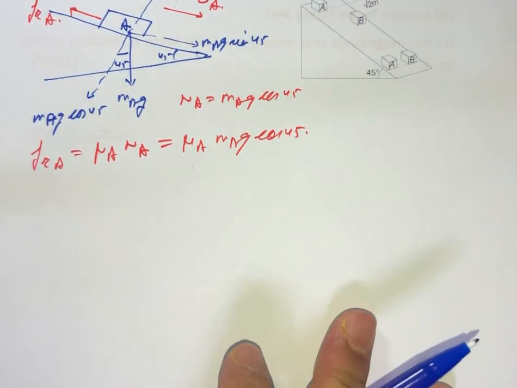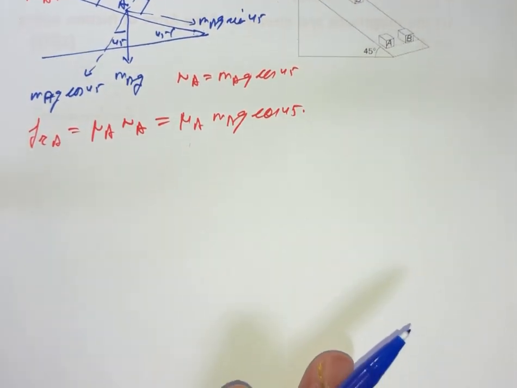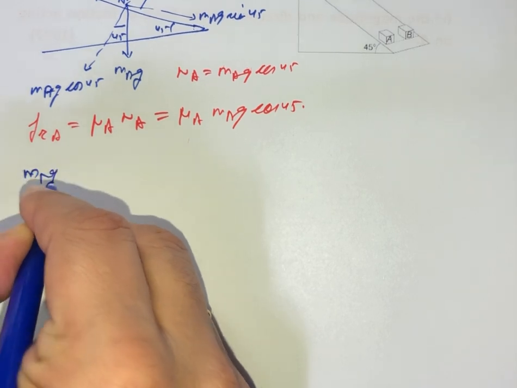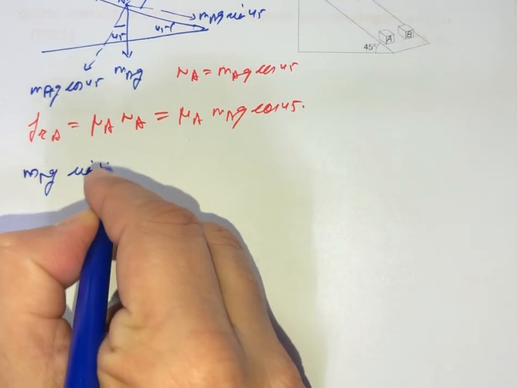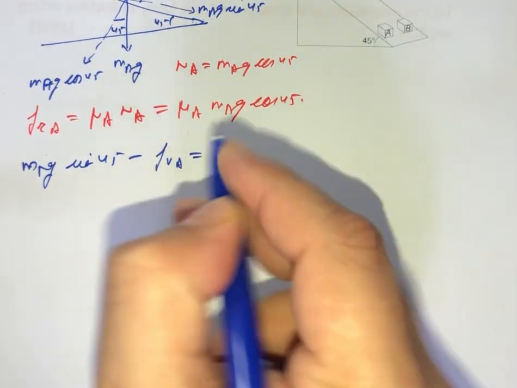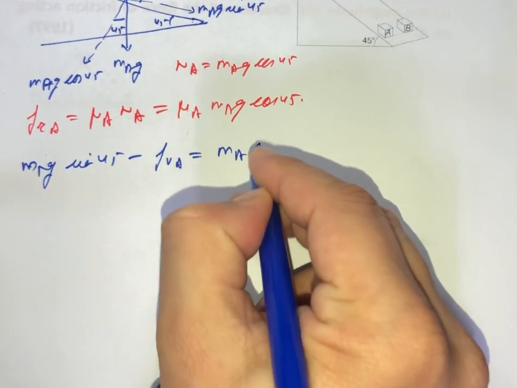And we can write the equation of motion for block A: MAG sine of 45 minus FRA will be equal to MA multiplied by AA.